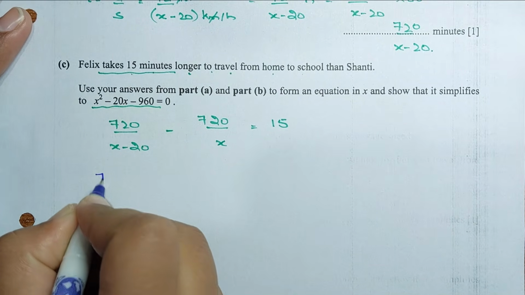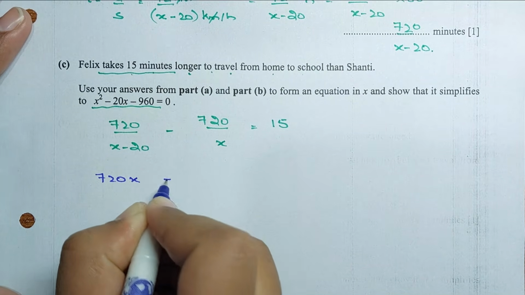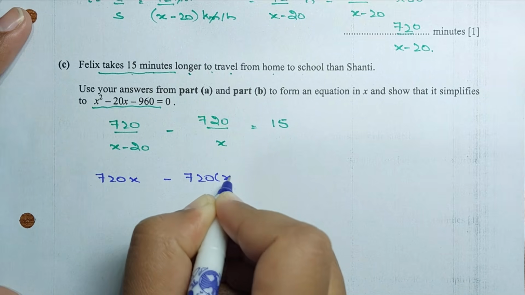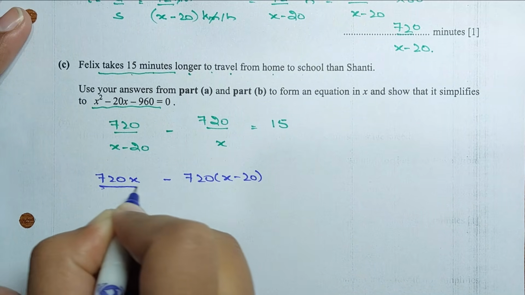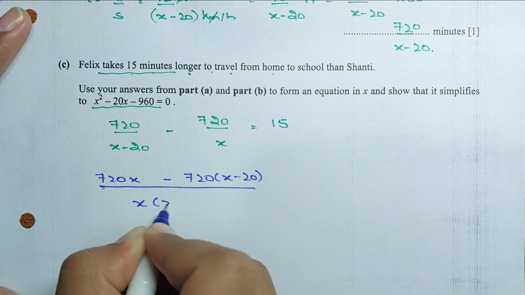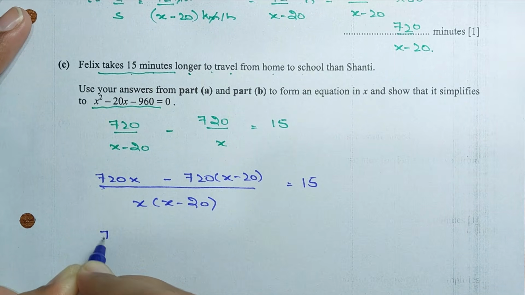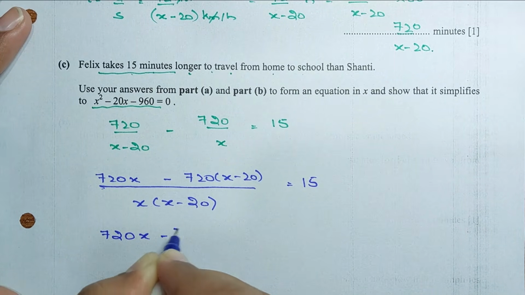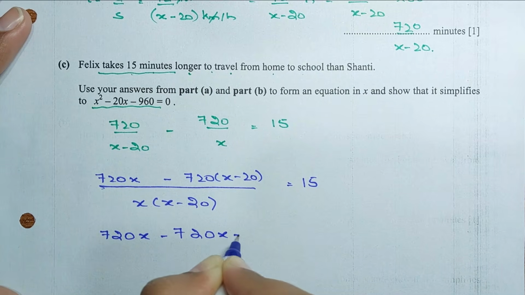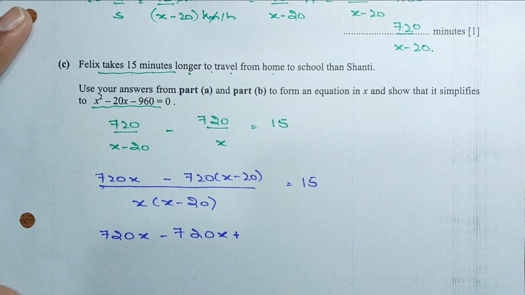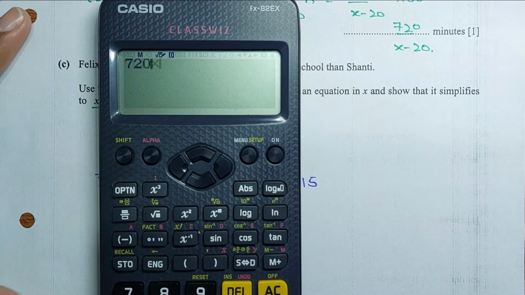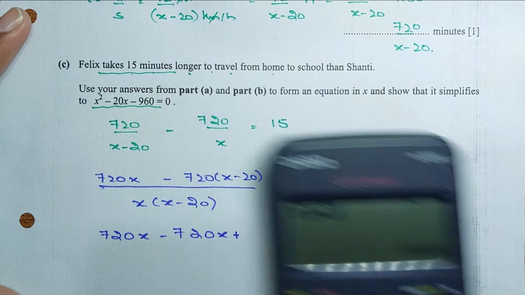Just a cross multiplication: 720 times x minus 720 times (x minus 20), divided by x times (x minus 20), equals 15, right? This is 720x minus 720x plus 720 times 20. We have 720 times 20 is 14400.